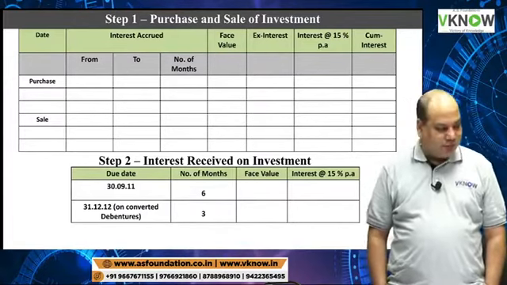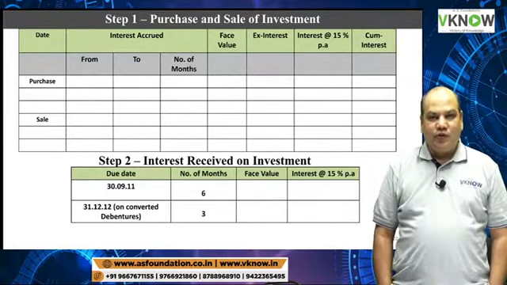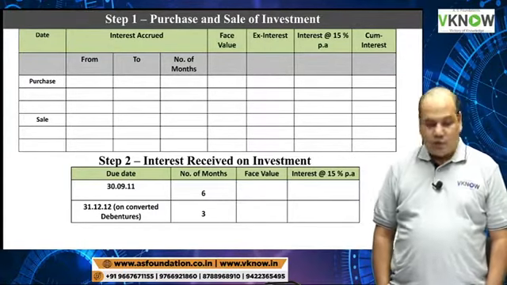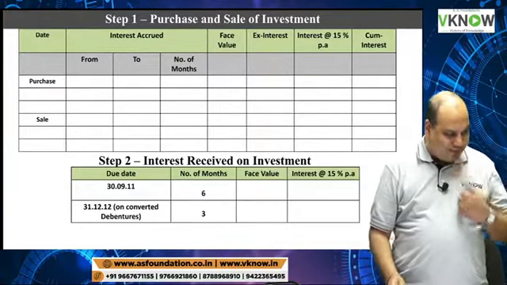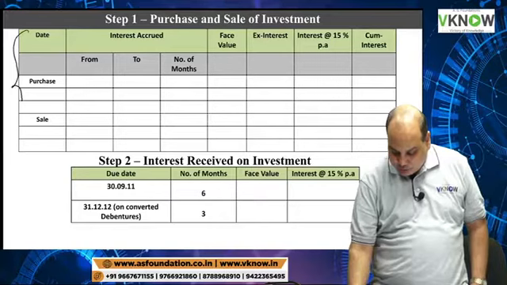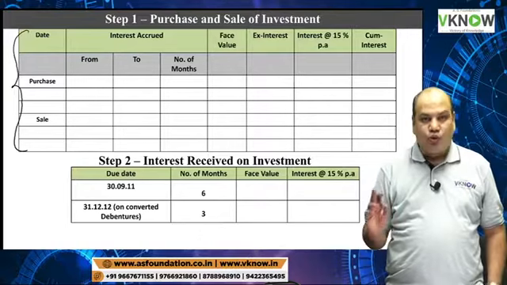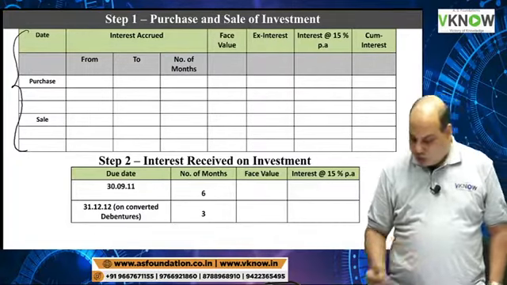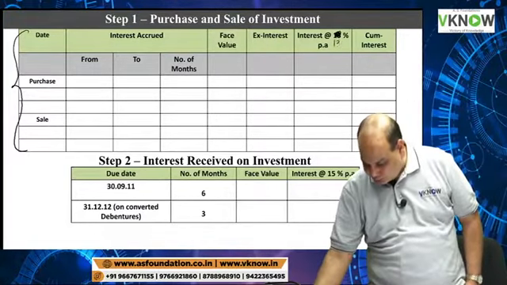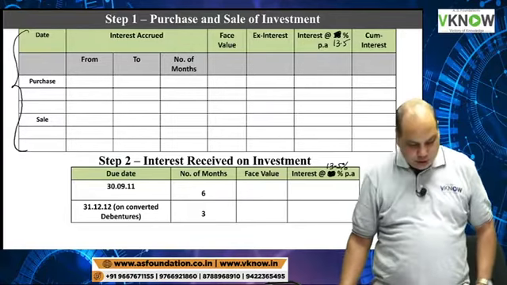Draw working note 1, purchase and sale of investment. Gupta done. Chaurasia done. So draw this format, only step 1. There are 2 purchase and 1 sale transaction. Format I will keep the same so that the student will get used to it. This time the interest rate is 13.5%.